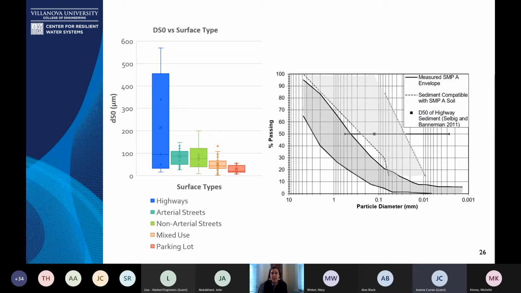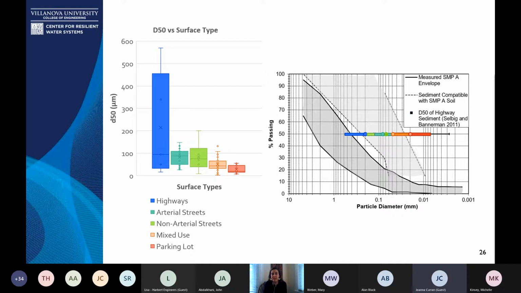And then we started comparing this just to our example from our one GSI of SMP A. And we found that if you're thinking about sediments that might be coming from a parking lot, your SMP is potentially more at risk from clogging due to fine sediments than it would be from that of a highway.